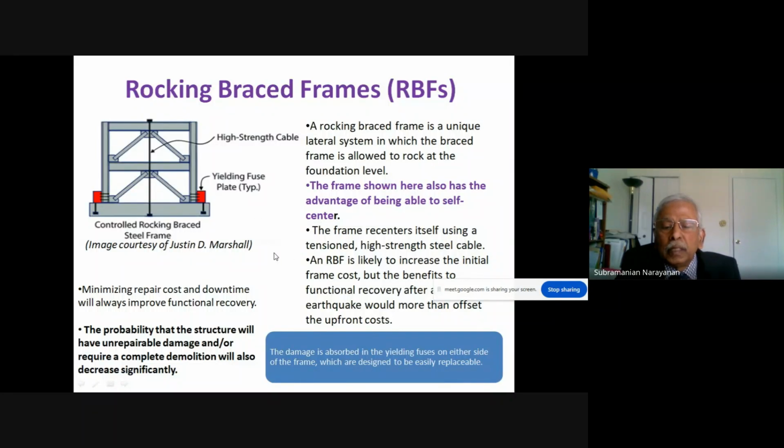The frame recenters itself using a tensioned high-strength steel cable. The rocking braced frame is likely to increase the initial frame cost, but the benefits to functional recovery after an earthquake would more than offset the upfront cost. The damage is absorbed in the yielding fuses on either side of the frame, which are designed to be easily replaceable.